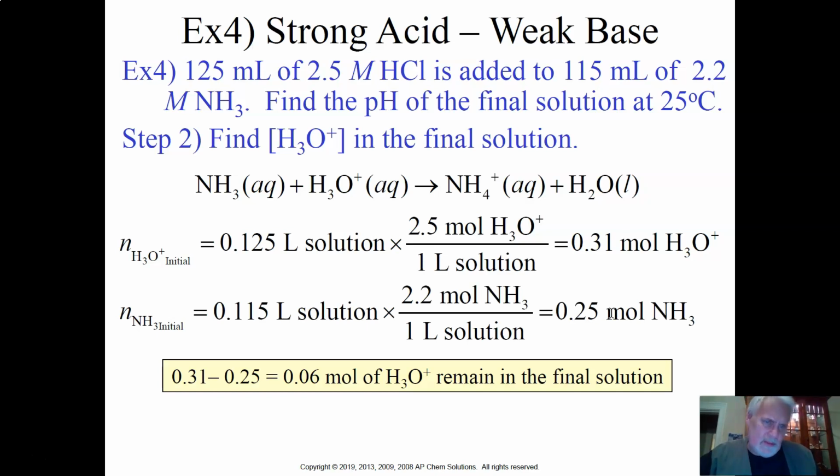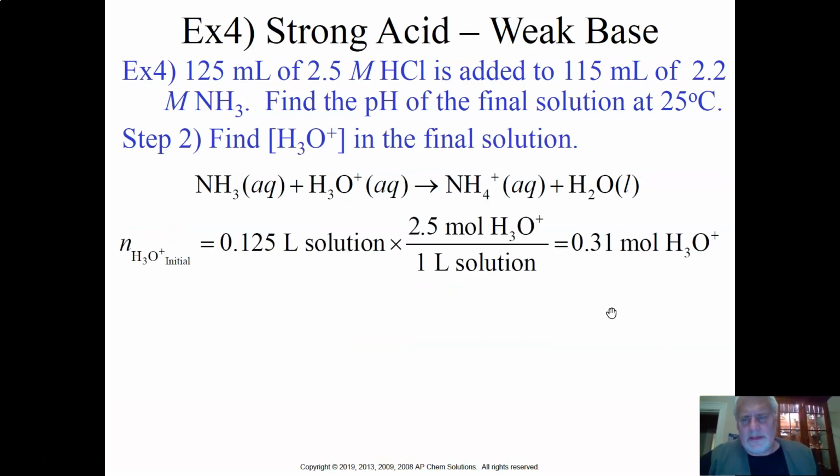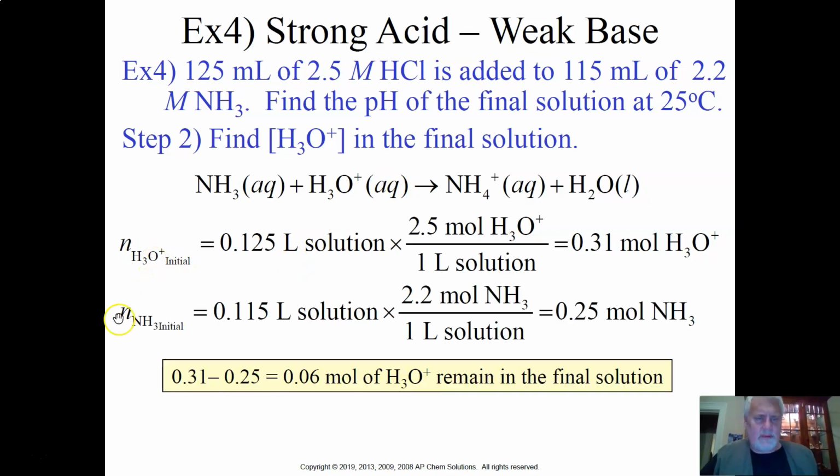Again, they were 1 to 1 molar concentrations, but I think it's a good idea to show where these moles came from. You can't really turn moles of NH4 into moles of something else you're looking for. So you got to kind of say, well, I'm going to start with the H3O+ over here, and I got 0.31 moles of that.